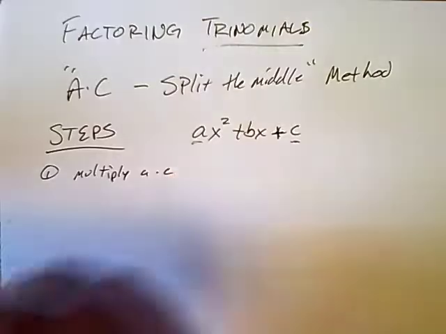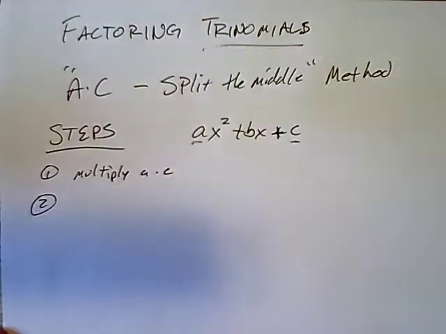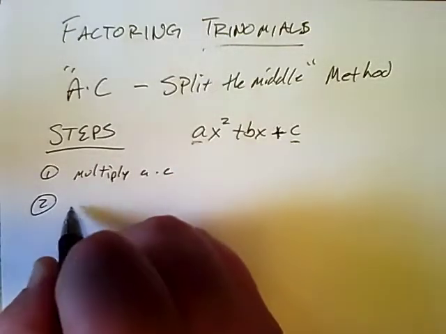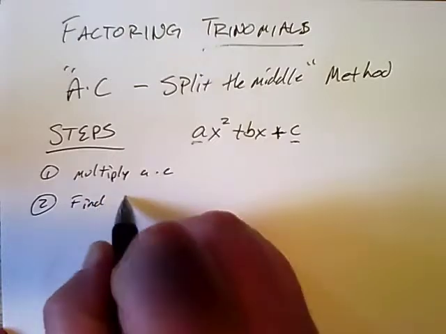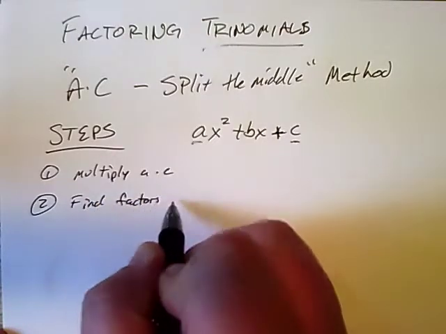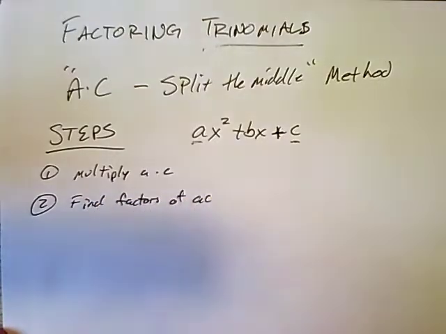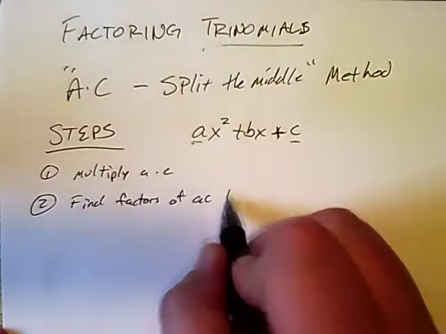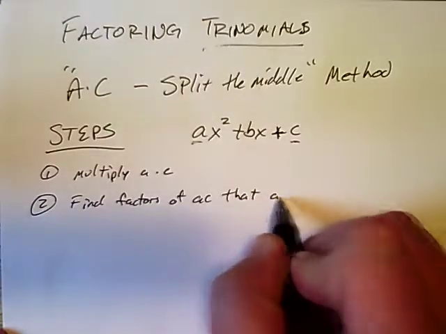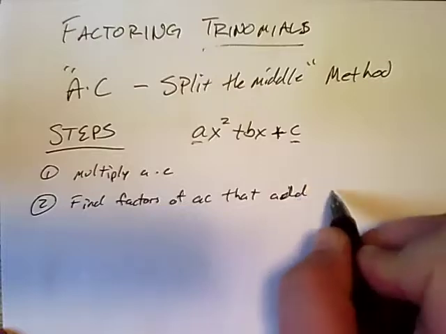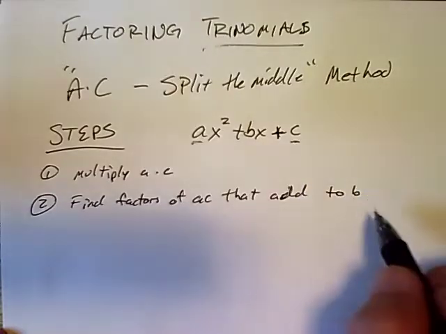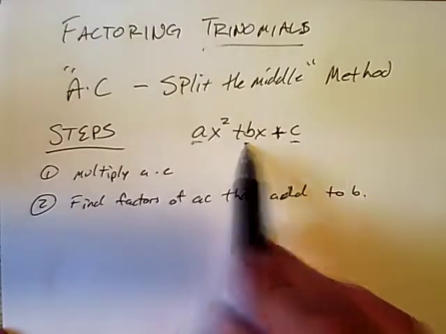Okay, so here we're going to multiply A times C. Step 2 is we're going to find factors of that product, of that AC, that add to B. All right, that's the B right here. That's that number in the middle.